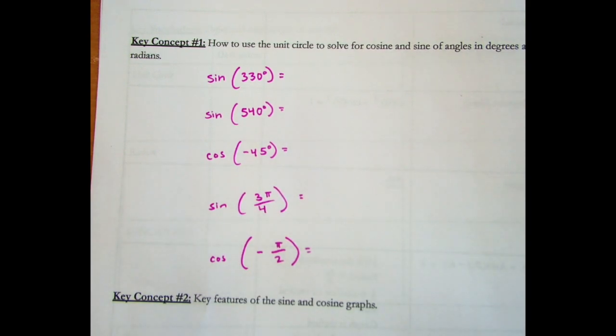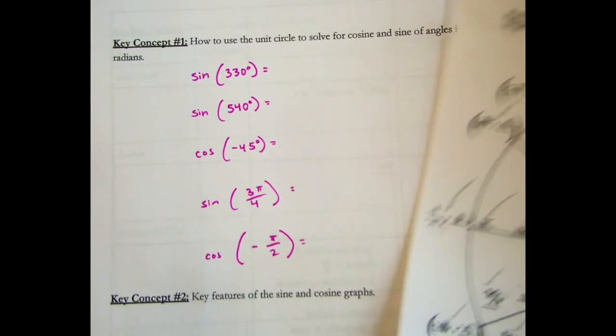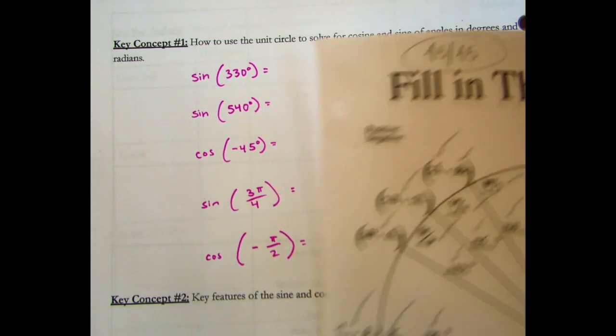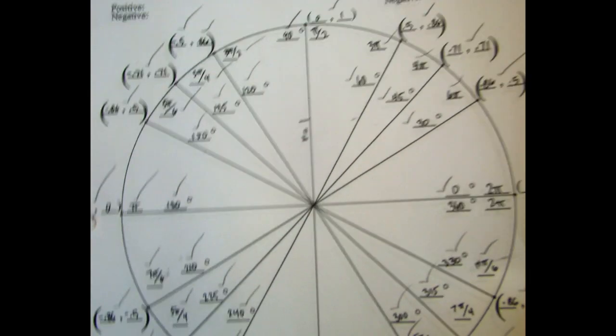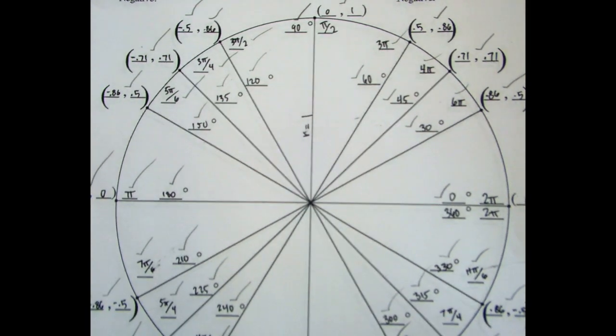For this, you will definitely need your unit circle. And if you need a copy of a fully filled out unit circle, just let me know. I have a bunch of extra copies.